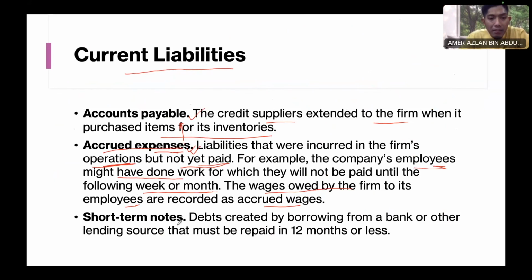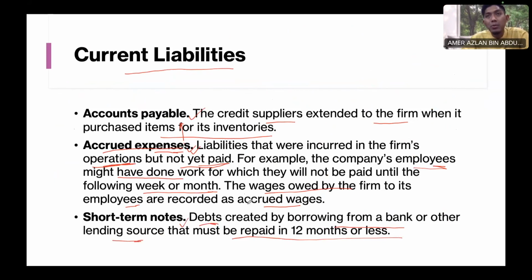And then you have another type of current liabilities called short-term notes. These short-term notes are a debt instrument created by the corporation, created by borrowing from a bank or other lending sources that must be repaid in 12 months or less.